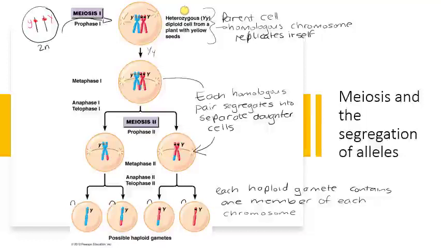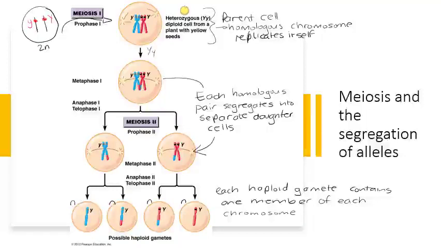At the end, there will only be one allele of this gene that was originally in the parent cell. There will only be one allele in each of the cells at the end, okay? Because the other one has to fuse with the egg or the sperm, and then your cells go from haploid and become diploid again.